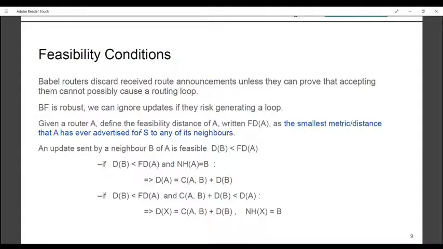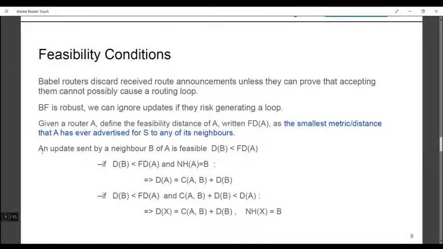Announcement. So let's say for a given router A, we are introducing feasibility distance, written as FD of A, and it is defined as the smallest metric that A has ever advertised for the source to any of its neighbors.